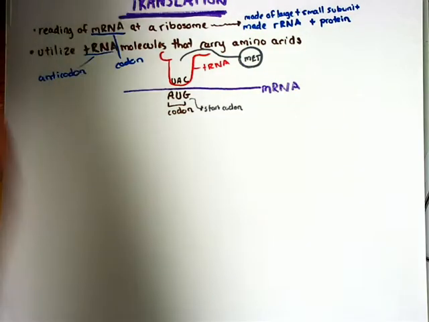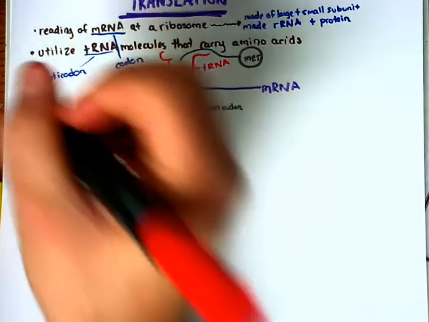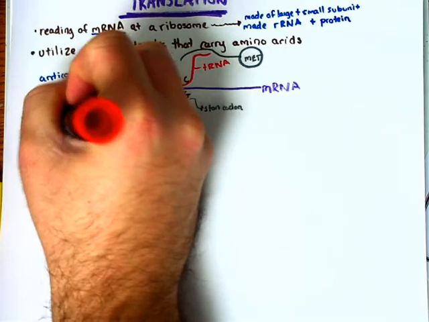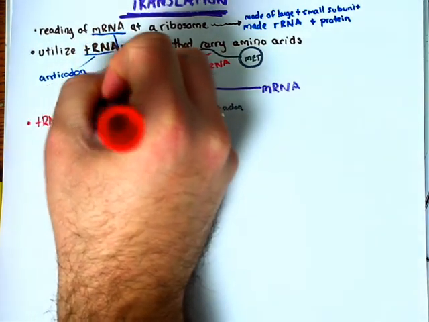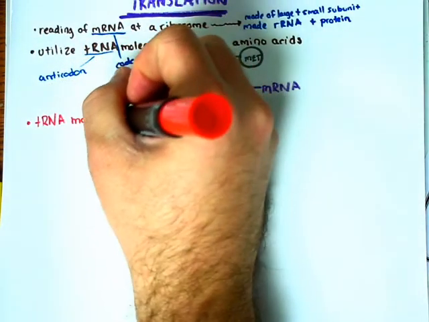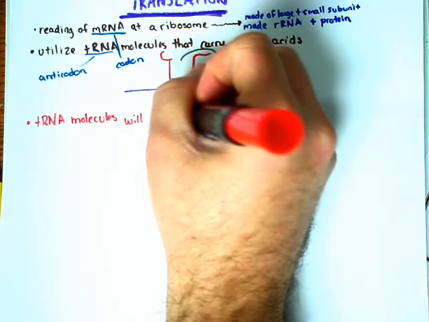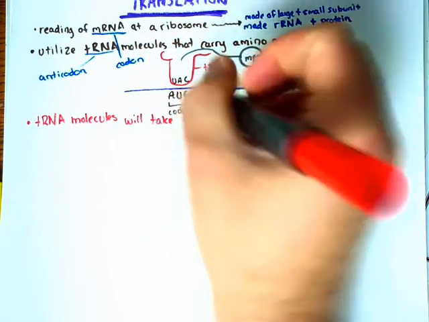Okay, so let's also remind ourselves about tRNA molecules, that not every tRNA molecule is the same. They're different. And their purpose is to take amino acids to the ribosome.